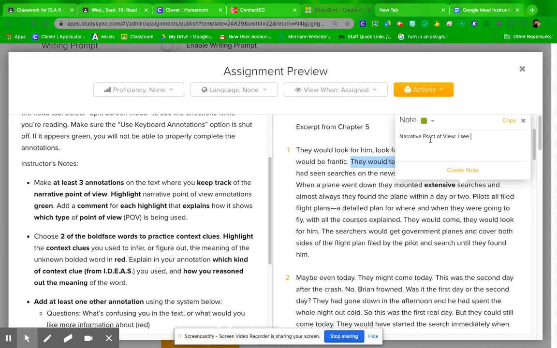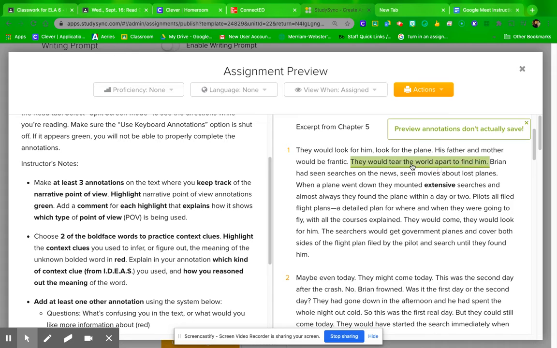Okay, I see third person pronouns, which teaches me this is some type of third person point of view. Okay, I can create that note.